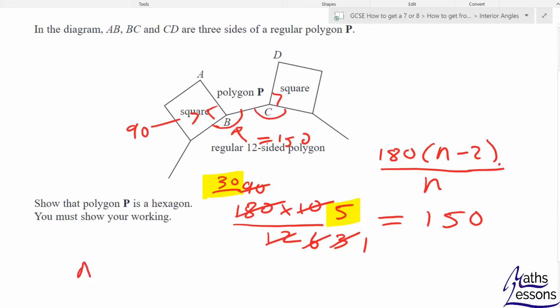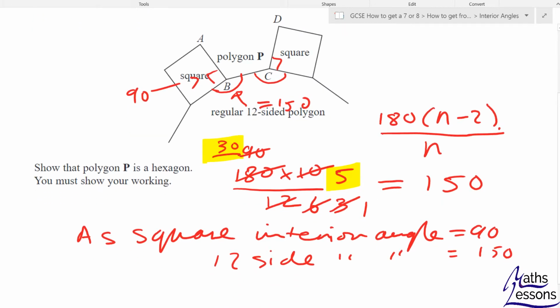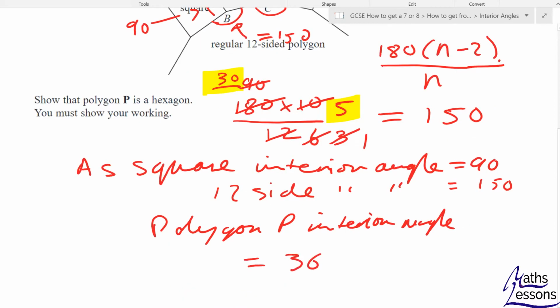As the square's interior angle equals 90, and the 12-sided polygon's interior angle equals 150, polygon P's interior angle will equal 360 minus 150 minus 90.